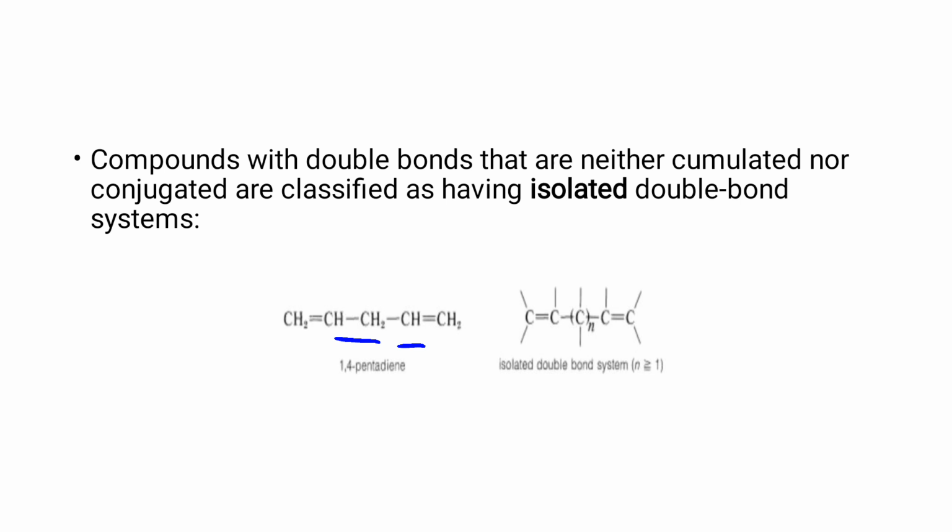Okay, the nomenclature of alkadiene is similar to alkene. The general formula is CnH2n minus 2, which is similar to alkyne. The IUPAC nomenclature rules of alkadiene are similar to alkene.